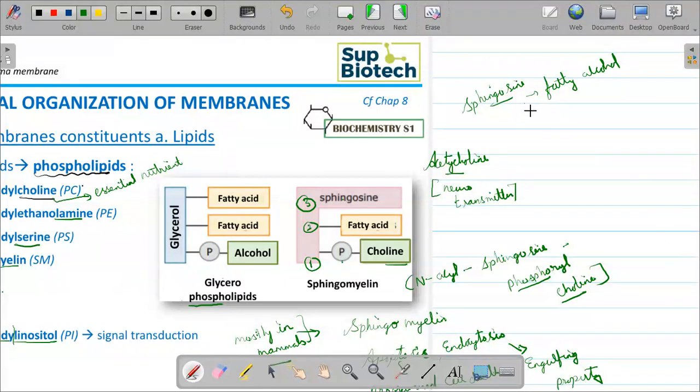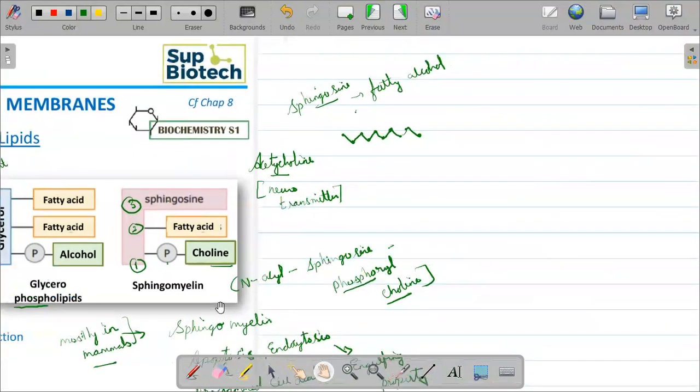Okay, you want to know the structure, or what do you want to know in this? Structure, sir. Okay, this has total number of carbon like this. They have 18 carbon. One, 2, 3, 4, 5, 6, 7, 8, 9, 10, 11, 12, 13, 14, 15, 16, 17, 18.